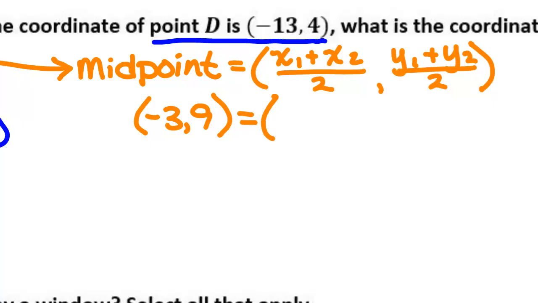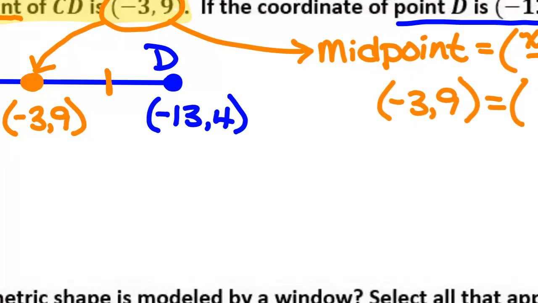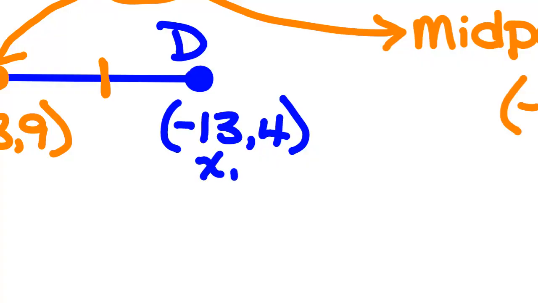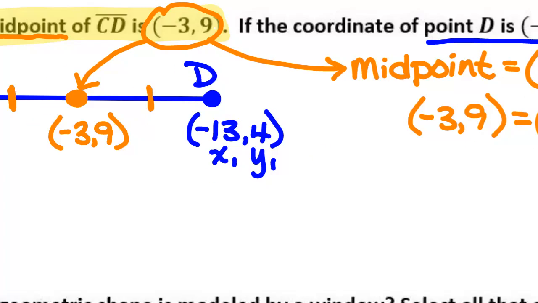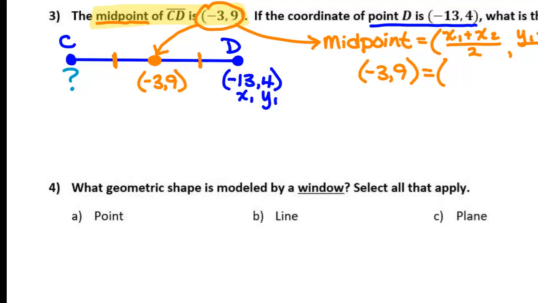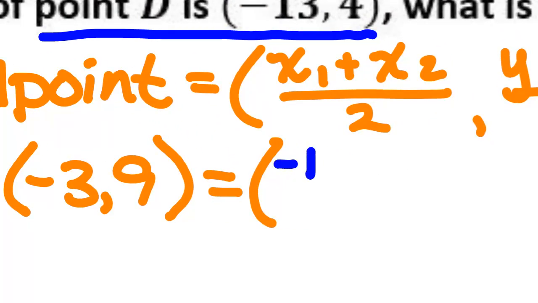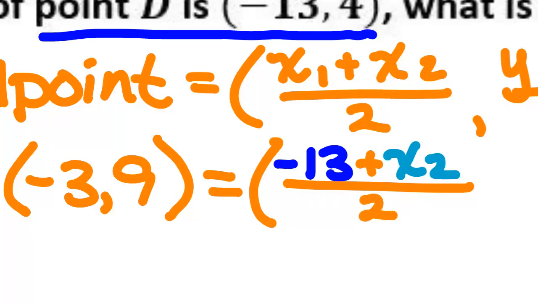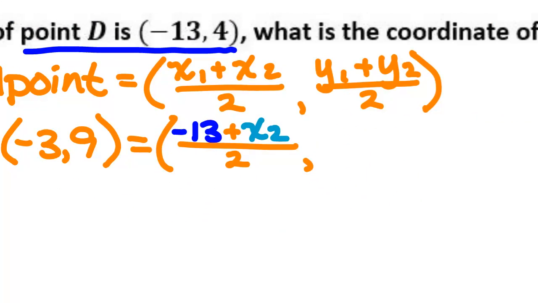On the right, we have x1 plus x2 over 2. Let's let our point D be our x1, y1, and the point that we're looking for be our x2, y2. So I would have negative 13 plus x2 over 2, comma, another fraction, 4 plus y2 over 2.